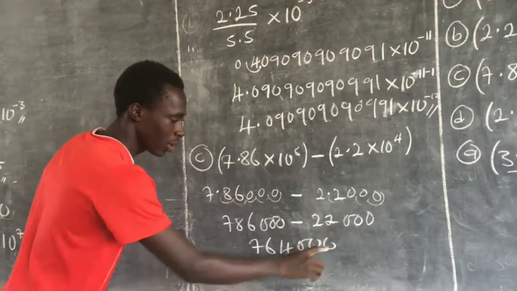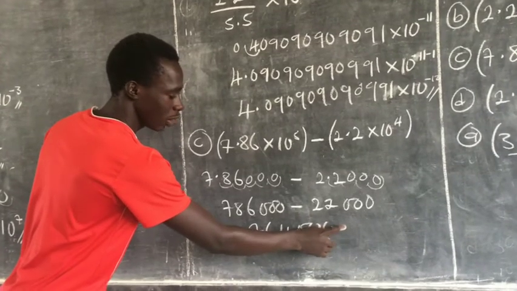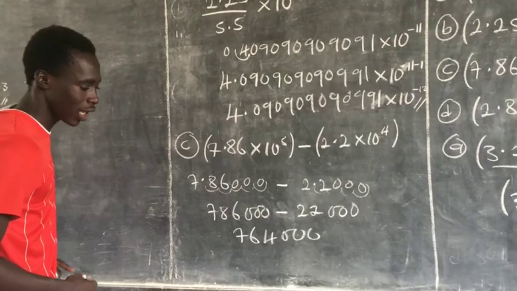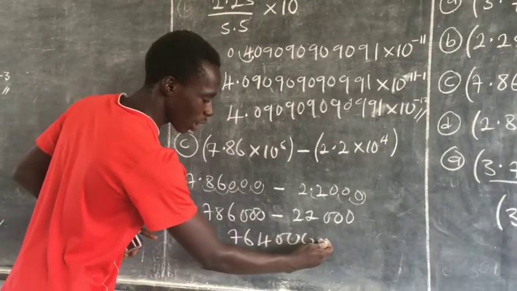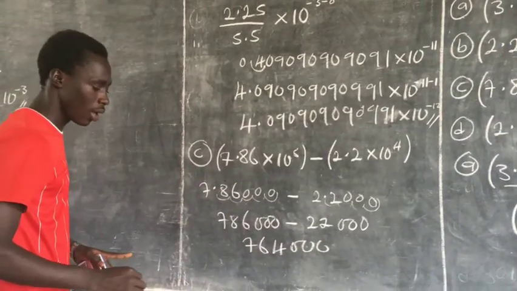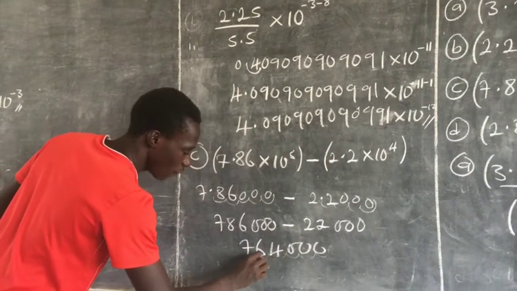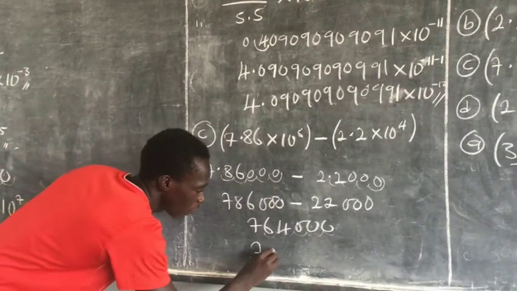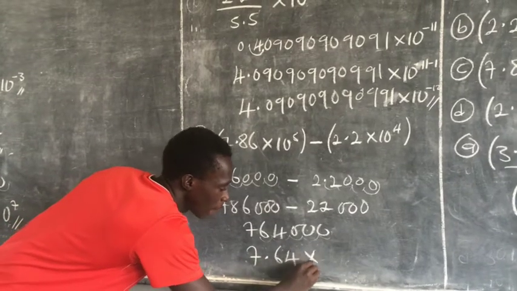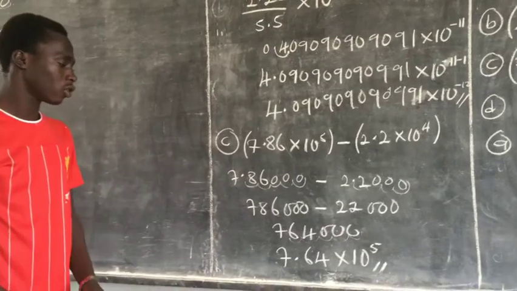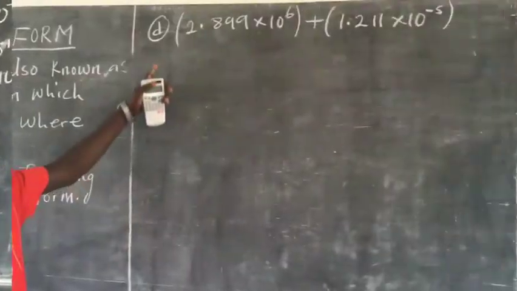There is no decimal, it means you have to start from this point and move it towards the left hand side. And when you start moving the point from right to left, the power will be a positive power. So this is 1, 2, 3, 4, 5. Then we have 7.64 times 10 to the power 5. This is the positive power. That is the solution for sample C.